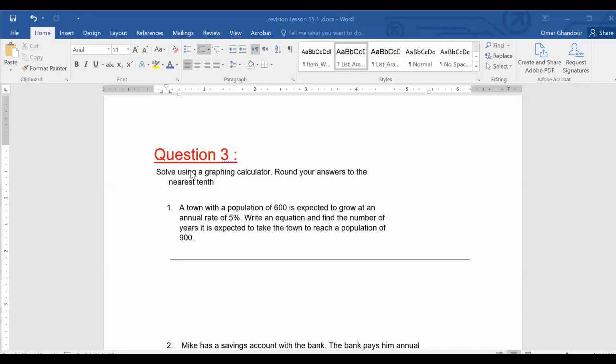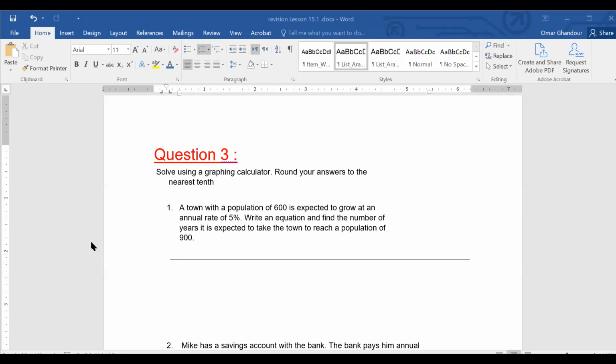Okay, the third and the final part of this lesson was solving using the graphing calculator. And round your answer to the nearest tens. Okay, in here you were required to read a certain problem and then formulate an equation for it.